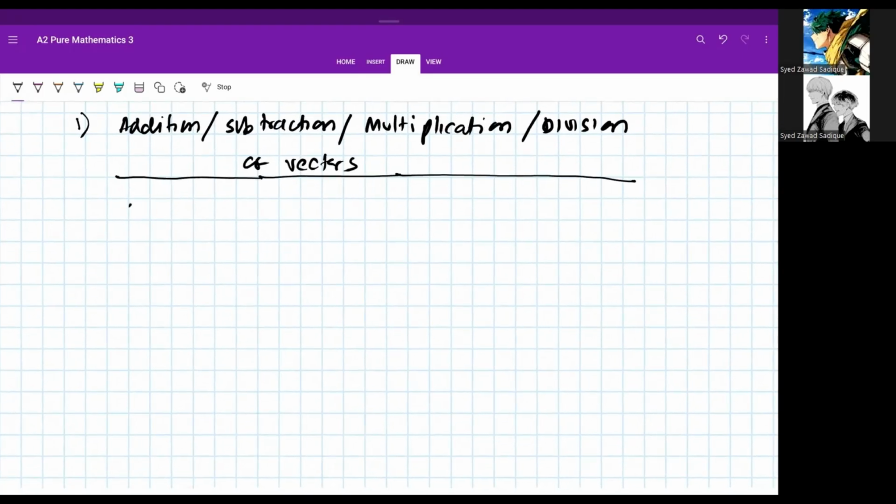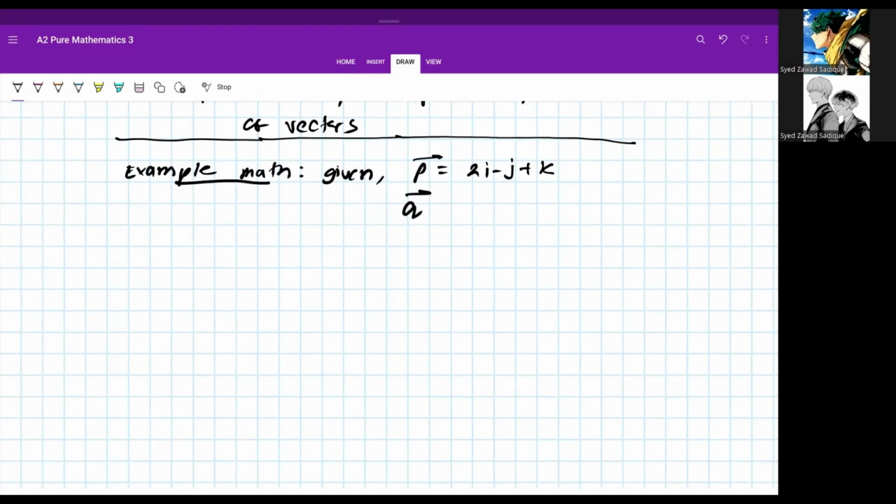Most of the things in vectors I will explain with example math because it's better to show rather than tell. Given P is 2i minus j plus k, Q is 5i plus 2j, R is 4i plus j plus k.